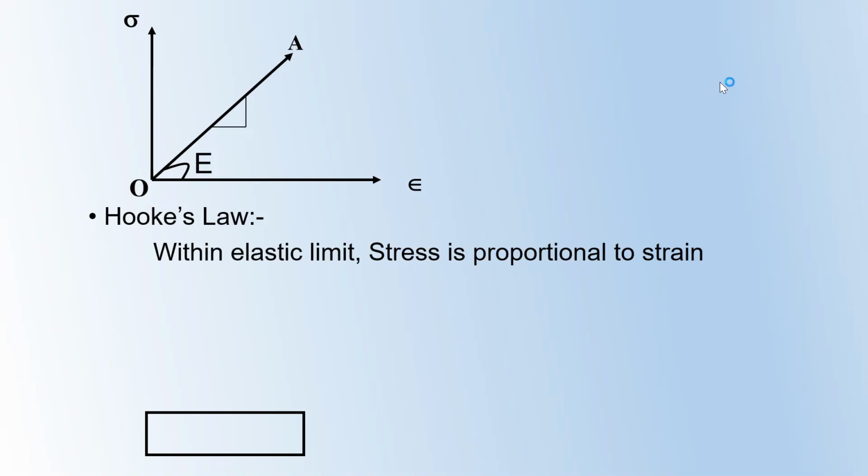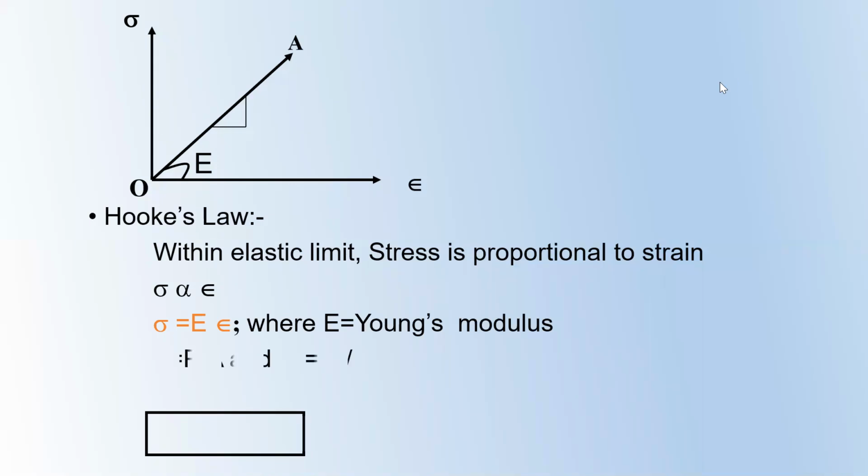Within elastic limit, friends, means as long as the material returns to its original position when the load is removed, stress is directly proportional to strain, that is sigma is directly proportional to epsilon, and therefore sigma is equal to capital E into epsilon. This capital E is a constant, and this constant is known as Young's modulus.